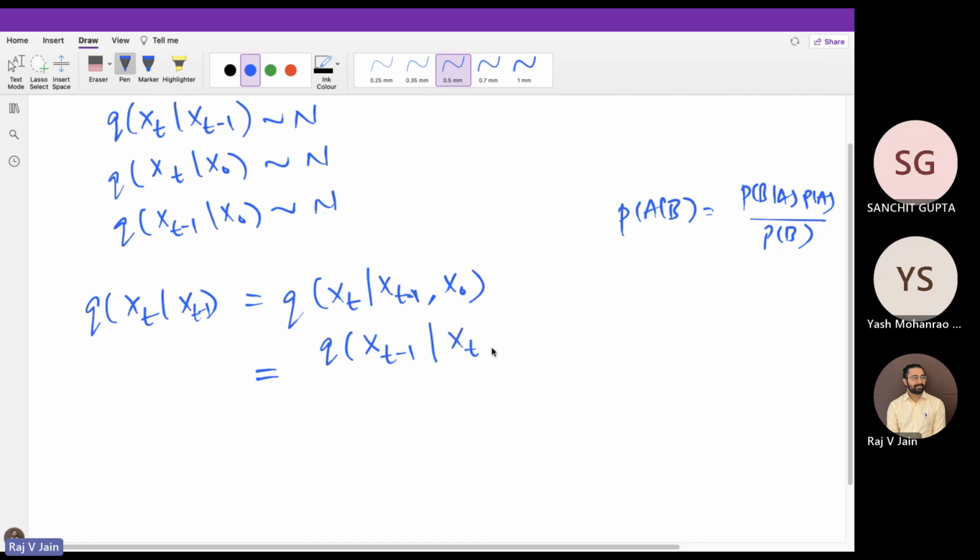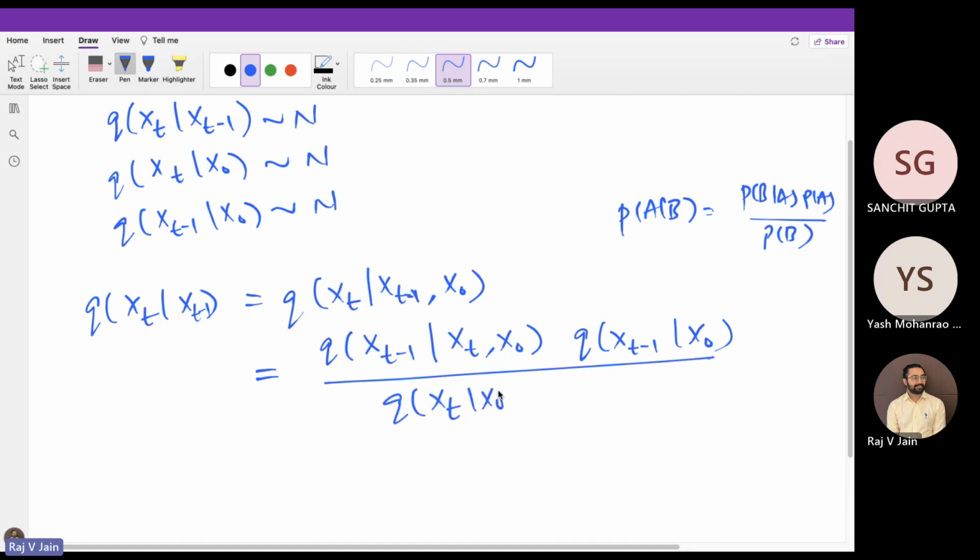Xt minus 1 given xt comma x naught, into q of xt minus 1 given x naught, divided by q of xt given x naught. Is this fine?